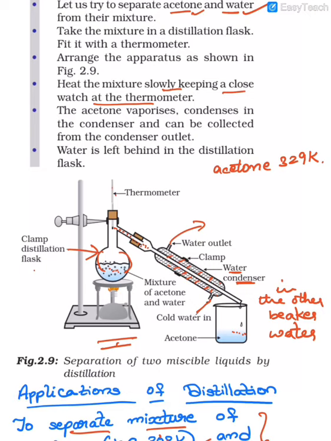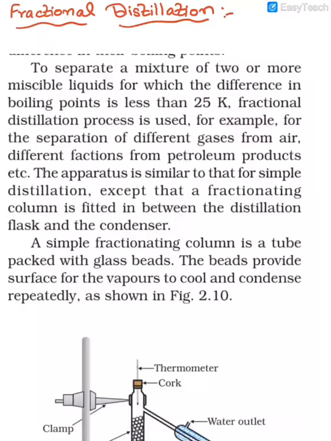Then what is left behind in the distillation flask is water. Afterwards water starts boiling and we can collect the vapors of water, pass them through the water condenser, and get water in liquid form. So in this way you can separate two different liquids which are miscible, that means which mix with each other.